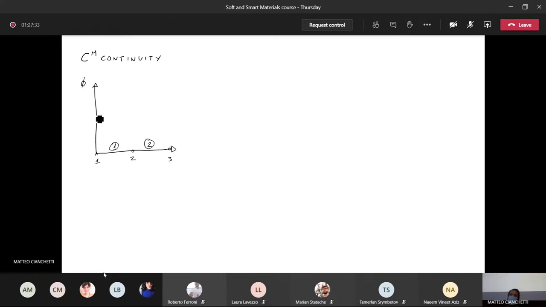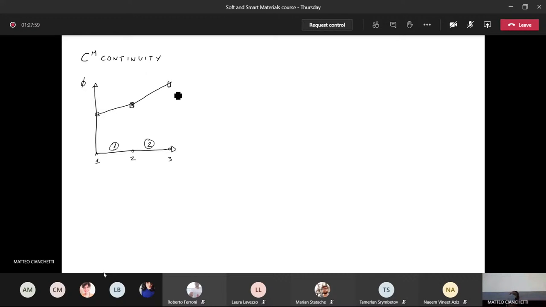Let's take two examples. One is a field that we already found to be like this. We found the nodal values at 1, 2, and 3.